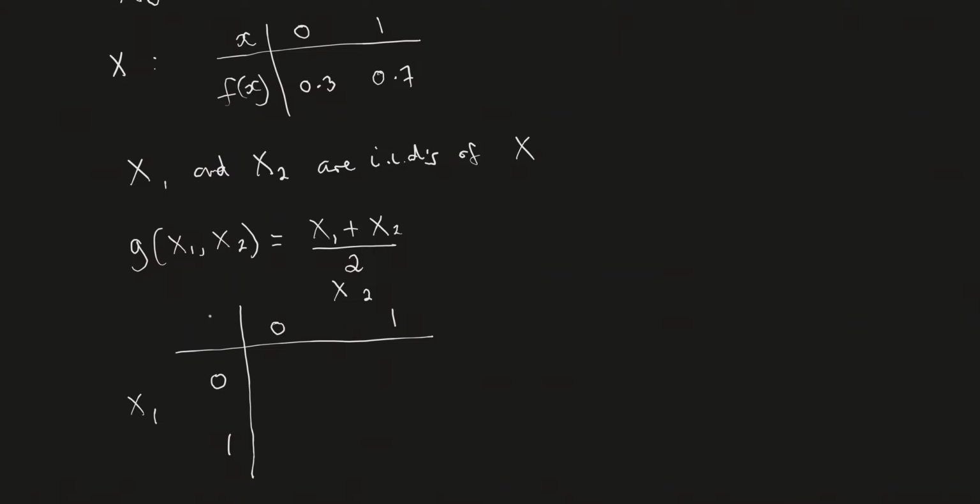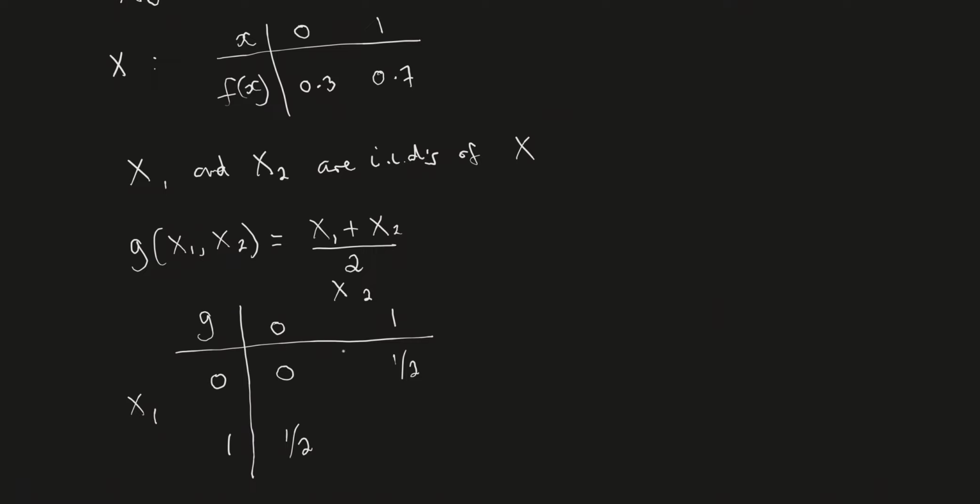So I'm going to put the letter G here to say we're performing this function with these possible values of x. If both x1 and x2 are 0, then the average would be 0, because you'd have 0 plus 0 divided by 2. If x1 is 0 and x2 is 1, then the average will be 1/2, because you'd have 0 plus 1 divided by 2. So I'll put a half there. And we would get the same average if x1 is equal to 1 and x2 is equal to 0, so we would have 1/2 there.